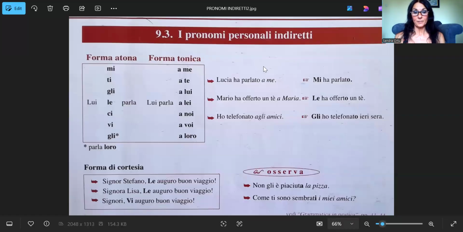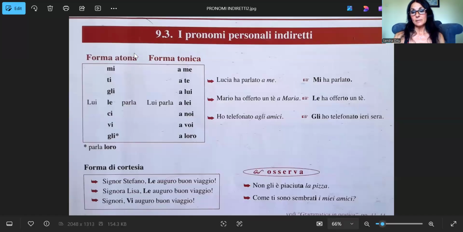Let's see how. So if you remember, we have here exactly like we had for the direct pronouns, forma atona e forma tonica. Atona is the weak form, translated in English, and tonica is the strong form.